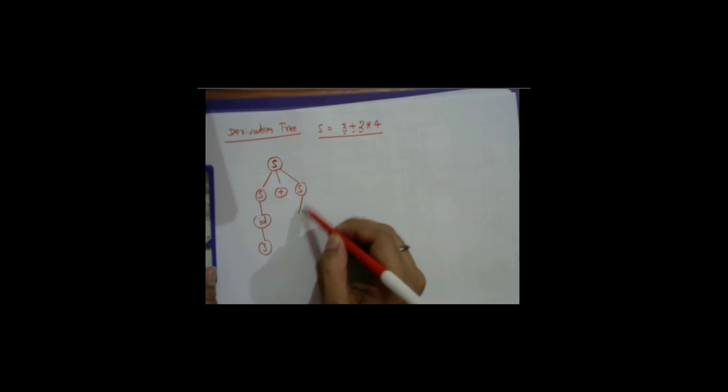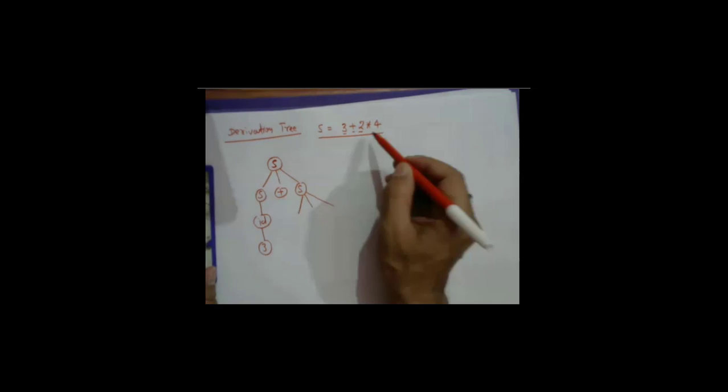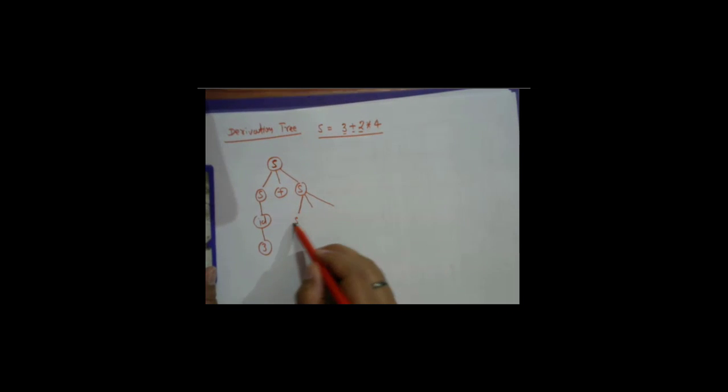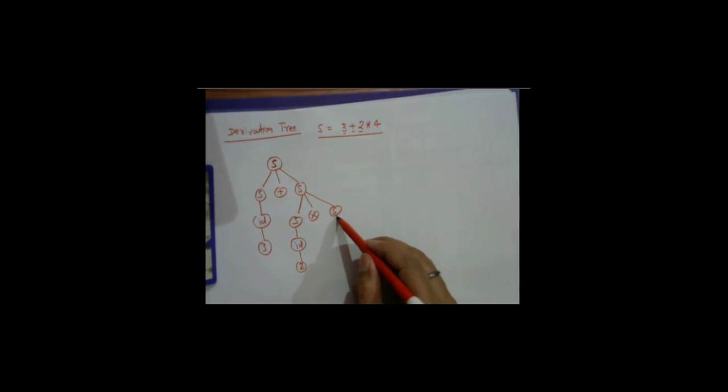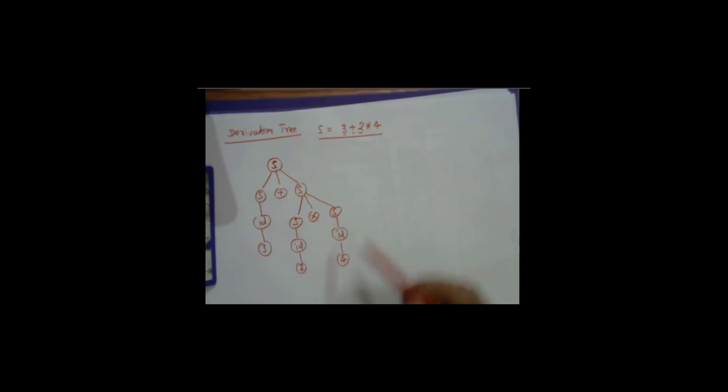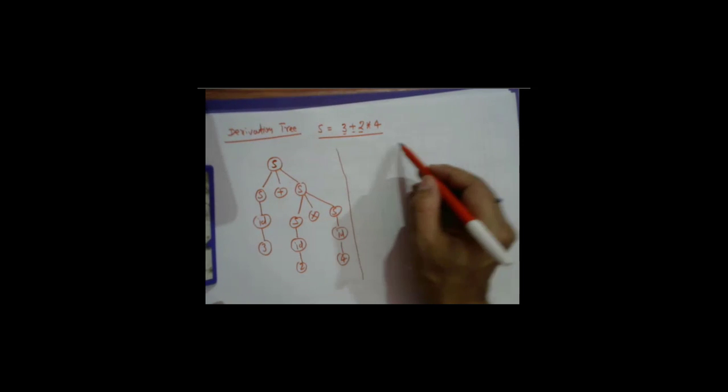Plus, then again from S we can derive this production S into S, then this S you can derive ID, and this ID you can derive to the leaf node, and this S you can derive ID, and this ID you can derive 4. Now if you formulate this parse tree, then you can get the exact result. But again there is some other parse tree.